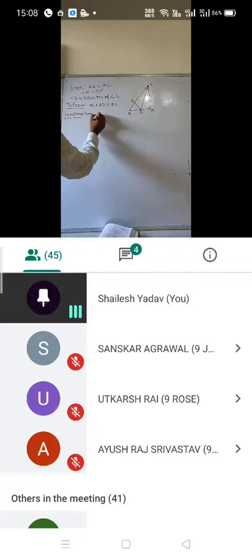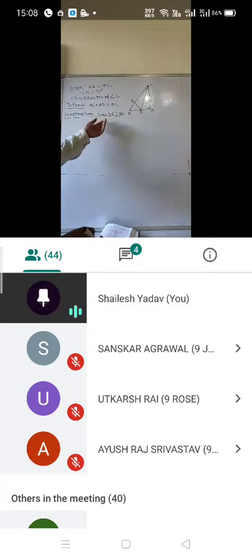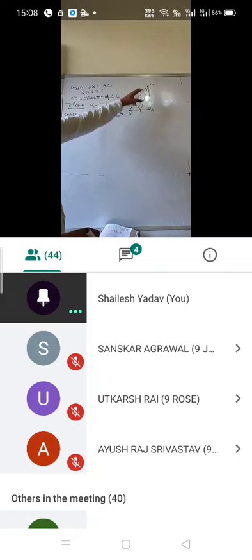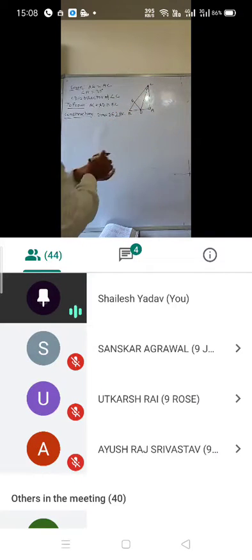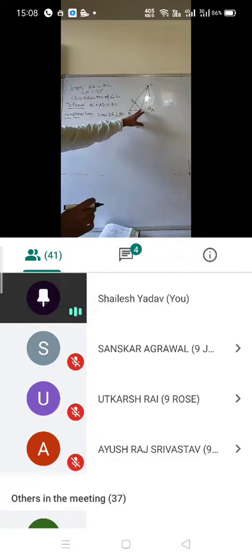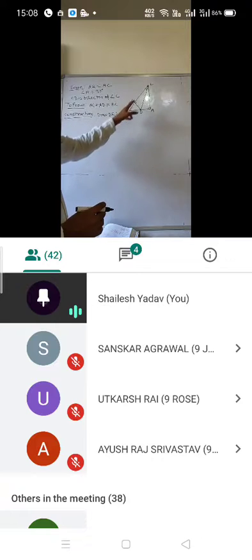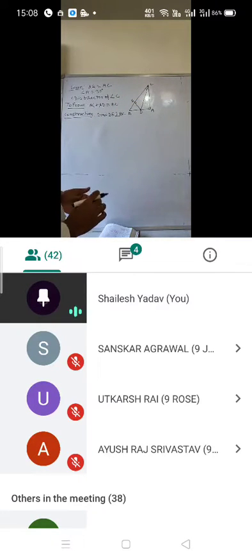Construction: draw DE perpendicular to BC. What have you done? Extra in that diagram, you have drawn DE on BC and it is perpendicular. Perpendicular means from D to BC you draw a line segment which is perpendicular to BC. It means here it is 90-degree.